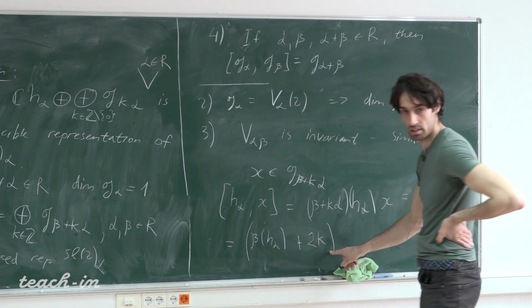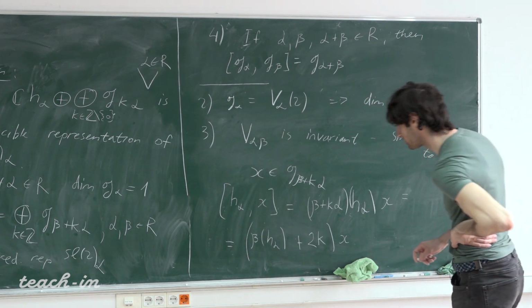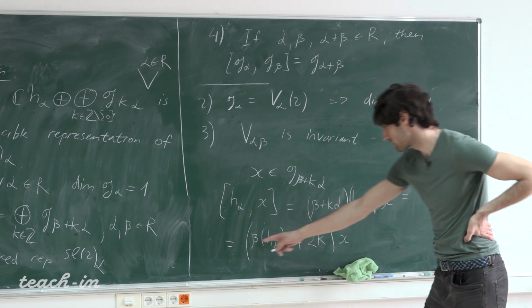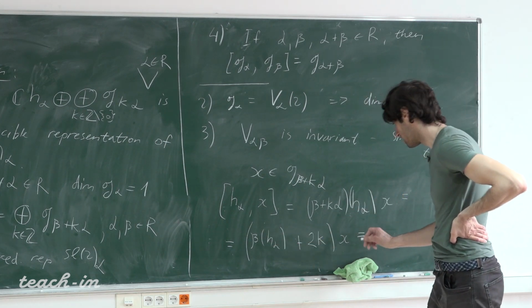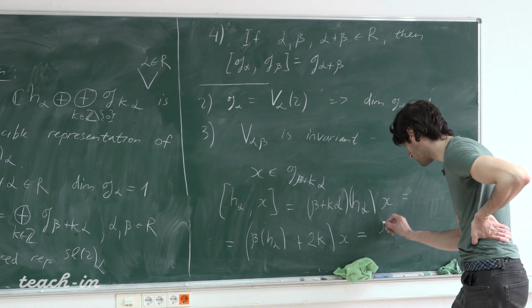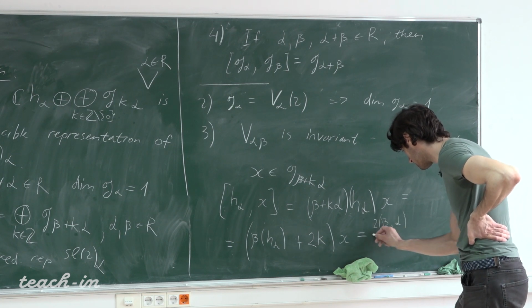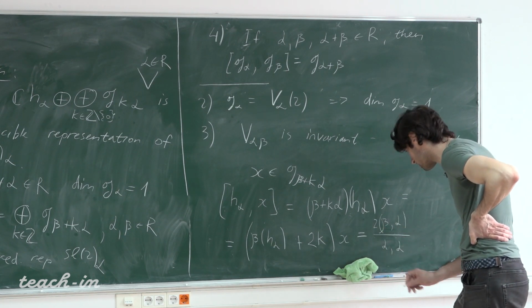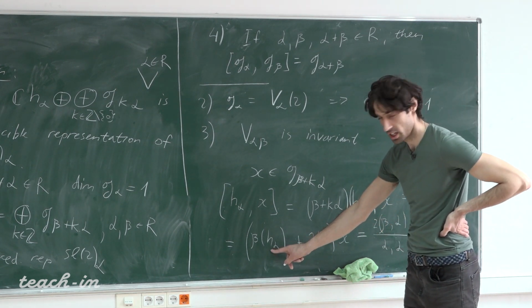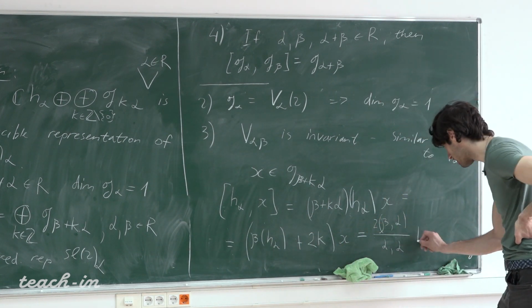So this is the weight of x. We can actually compute this a little bit more explicitly. So this is beta of h alpha, which is 2 times the pairing of beta with alpha over alpha with alpha, if you remember how h alpha is computed, plus 2k.